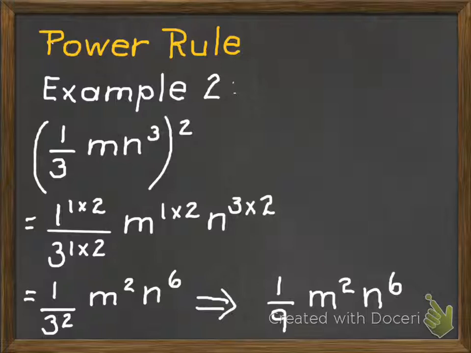That 1 is multiplied by 2. The m has a power of 1. That 1 is multiplied by 2. And finally, the 3 on the n is multiplied by 2, which simplifies to 1 over 3 squared, m squared, n to the power of 6, which is simplified as 1 over 9 m squared n to the 6th. And that's as simple as it can go. So that's the final answer.